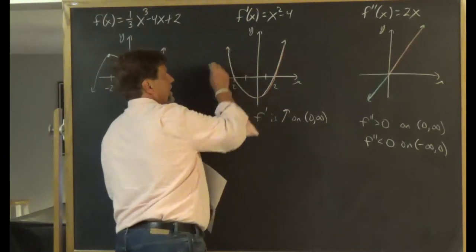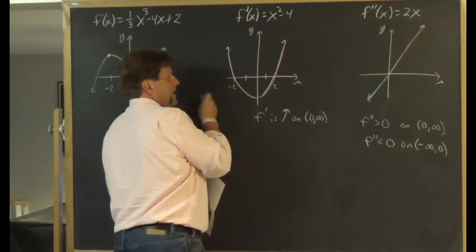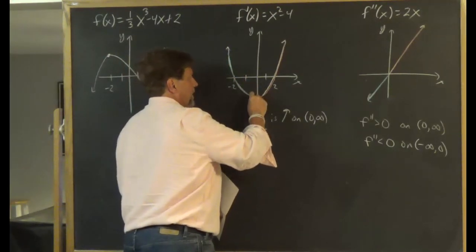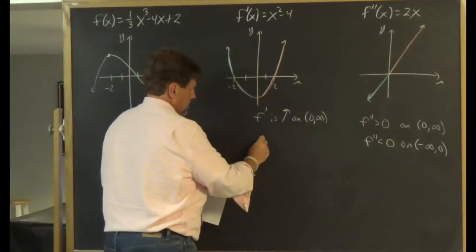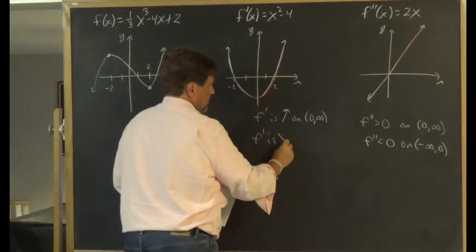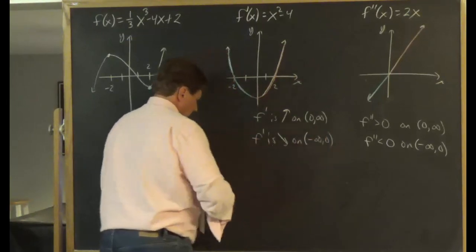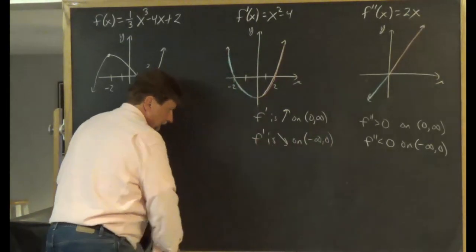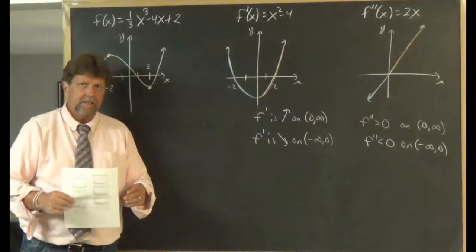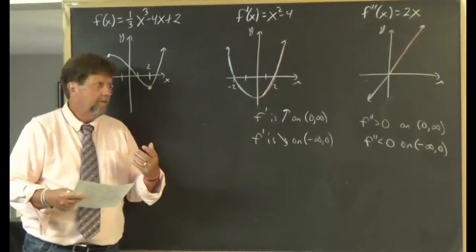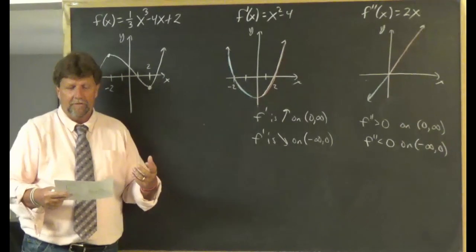The derivative is decreasing from negative infinity to 0. So it shouldn't be a surprise that the same relationship exists in how the second derivative can tell us the behavior of the derivative and the graph of the derivative.